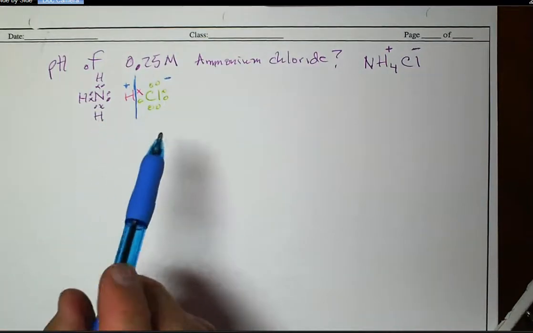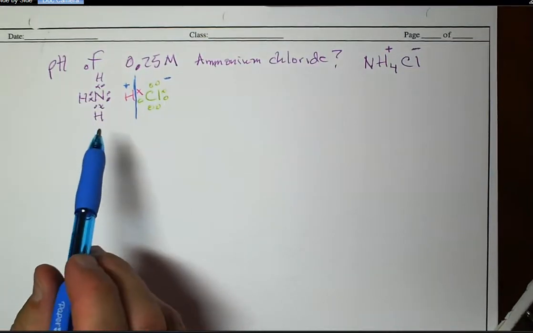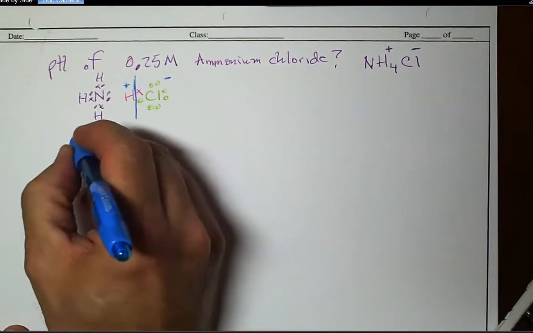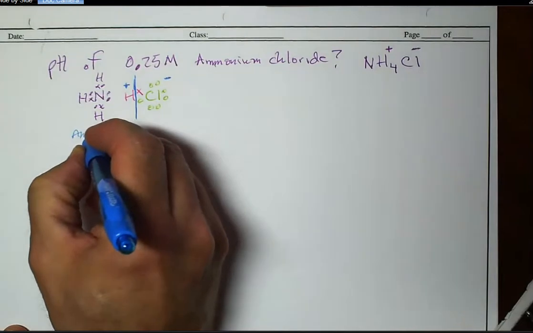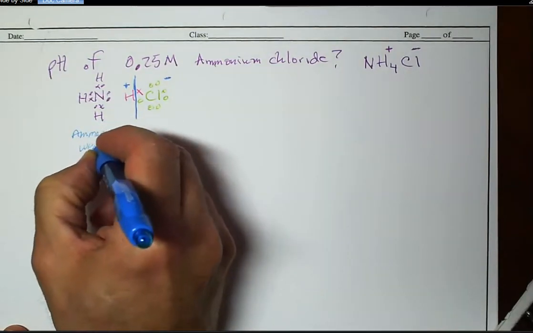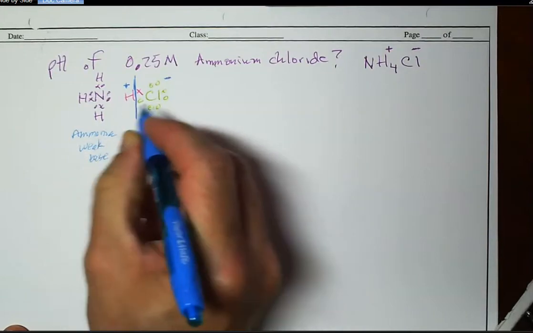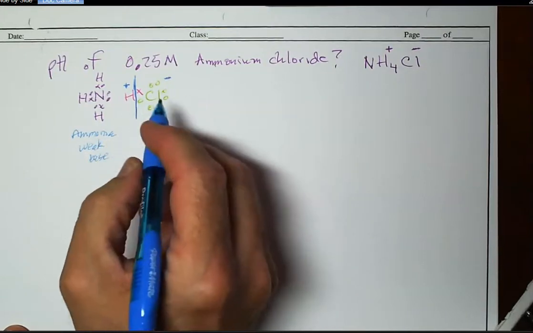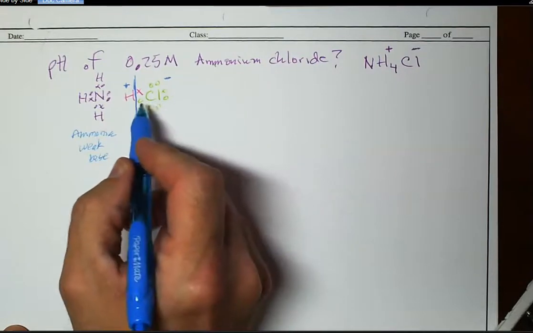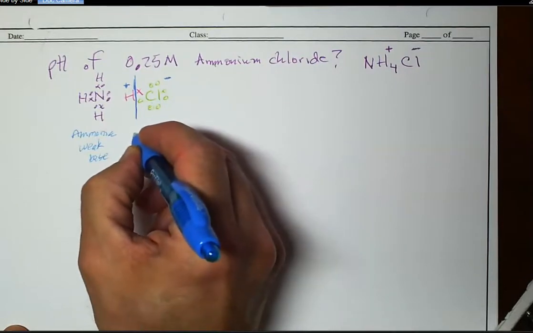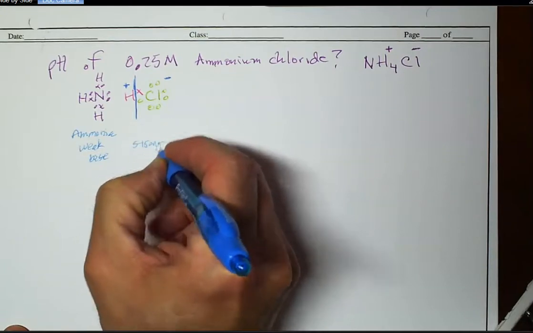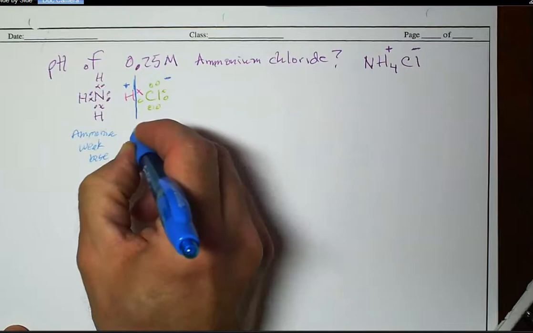So ammonium chloride is a salt of the base, weak base, ammonia. Let's write this down. Ammonia, weak base, and hydrogen chloride, or again, if this were dissolved in water, we'd call the solution hydrochloric acid. And it is a strong acid.